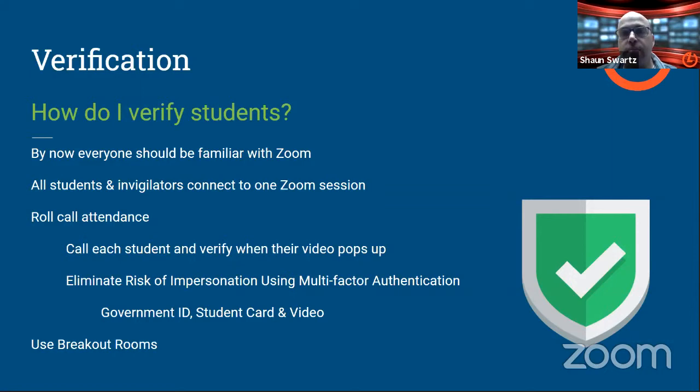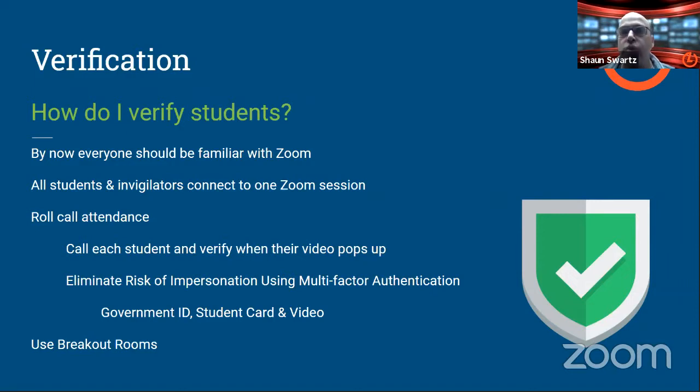And in order to make things simpler, because you may have hundreds of students logging onto the Zoom session, you can create breakout rooms. I don't know if you've ever used a breakout room in Zoom, but essentially it creates little mini meetings or sessions within the main Zoom session.